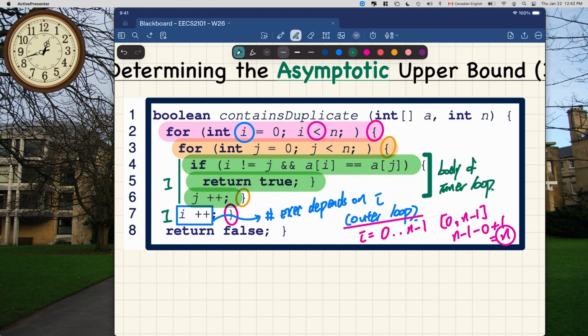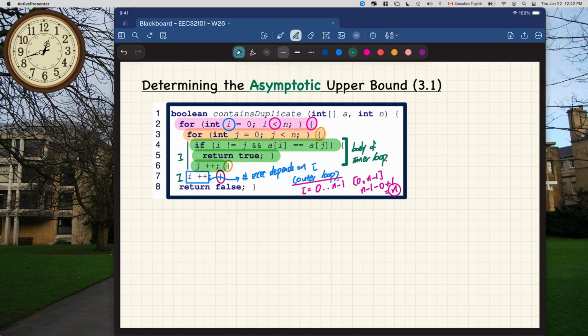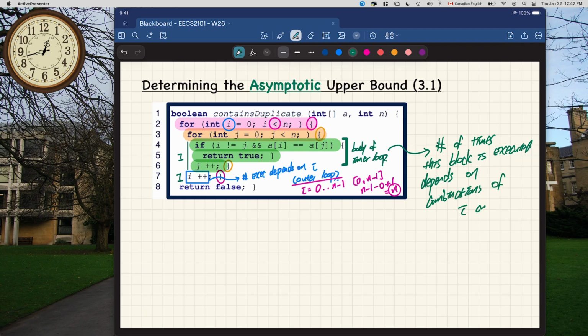Okay. So now I'm going to write something here, and then we'll figure it out. Okay. So the number of times this block is executed depends on combinations of i and j.